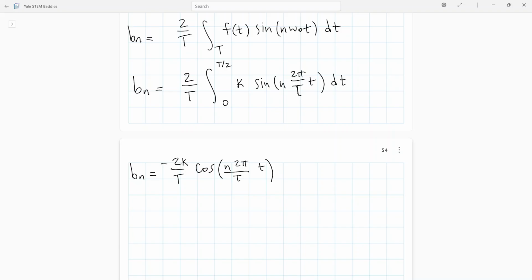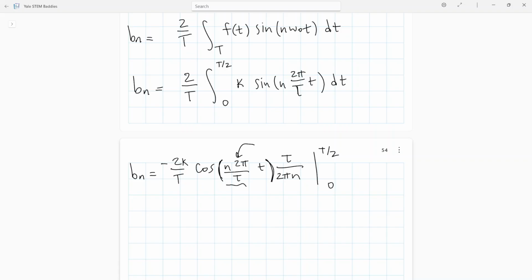And whenever we take the antiderivative, we also have to remember to multiply everything by the reciprocal of the coefficient of whatever is in the argument here. So this is our coefficient in the argument. Let's multiply by the reciprocal there. And let's also remember to keep our limits of integration, 0 to T over 2.